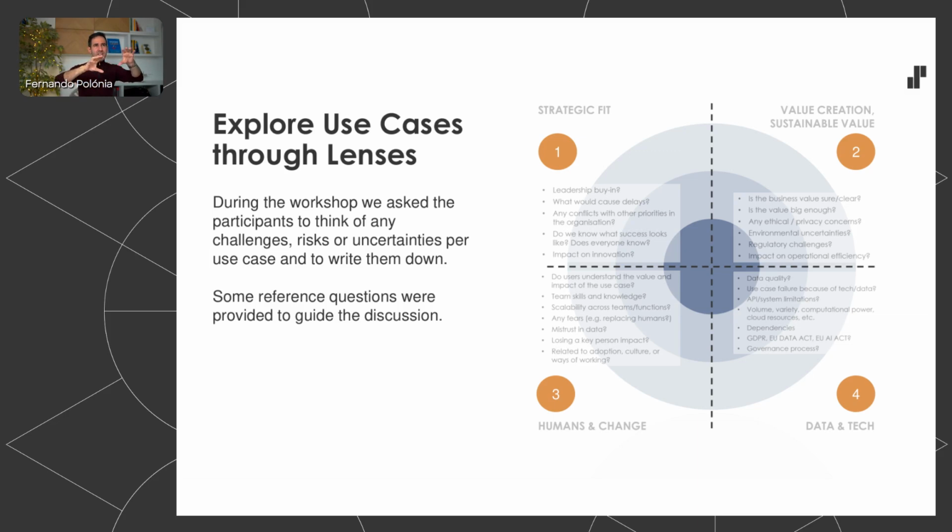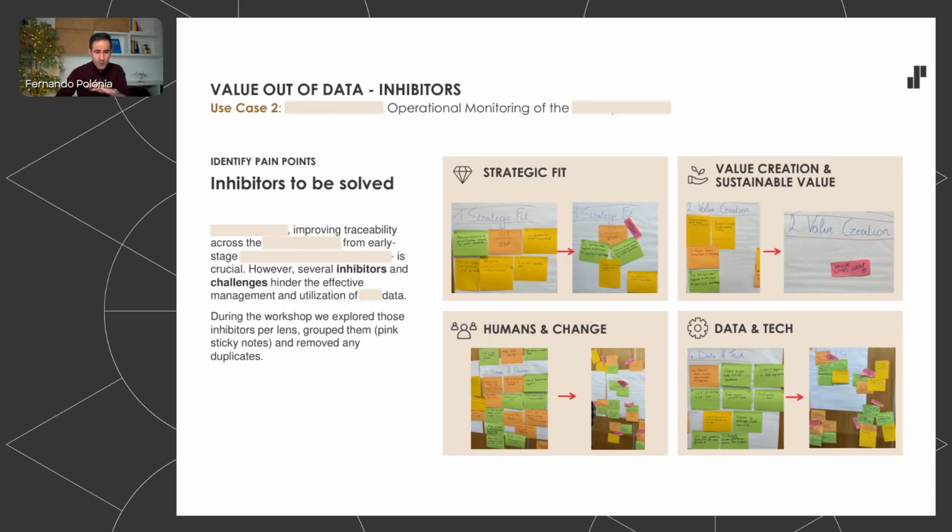So we consider these different lenses of looking at the problem so that we really get out all of the information, not just the problem, but the problem from different perspectives and points of view. So we get something like this. This is a real life use case from a chemical company, and you can see that plenty of post-its get turned around.